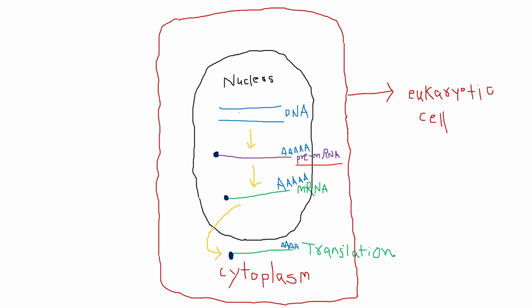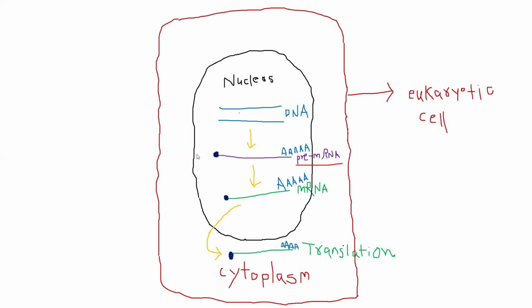Hi everyone. In this lecture, we'll continue with RNA processing in eukaryotes. In the previous lecture, we have seen a part of the RNA processing, that is modifications done at the 5' end, capping, and modifications done at the 3' end, poly A tail.